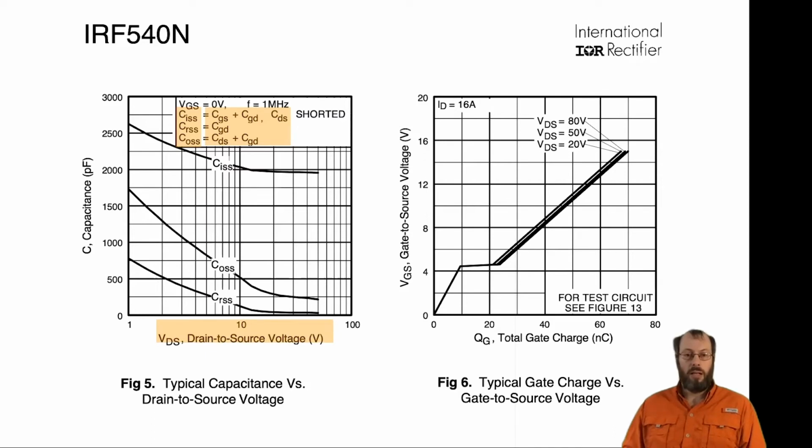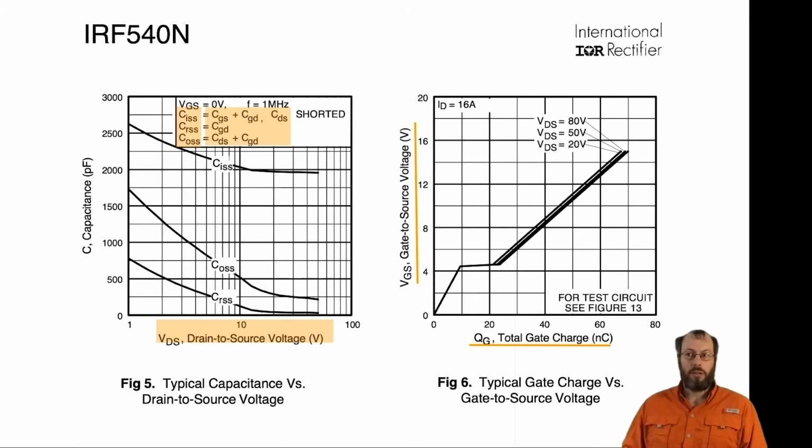One more highly nonlinear characteristic of a MOSFET is represented in the right-hand side diagram. The total amount of charge in the gate is plotted on the x-axis, and the gate source voltage, the one controlling our device, is plotted on the y-axis.